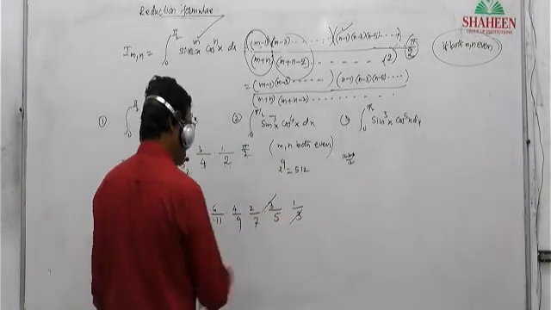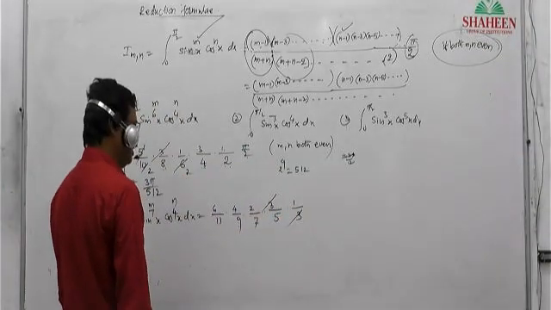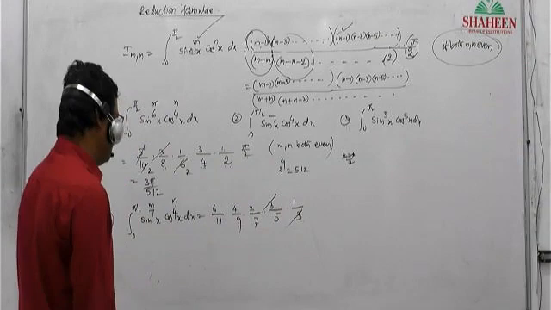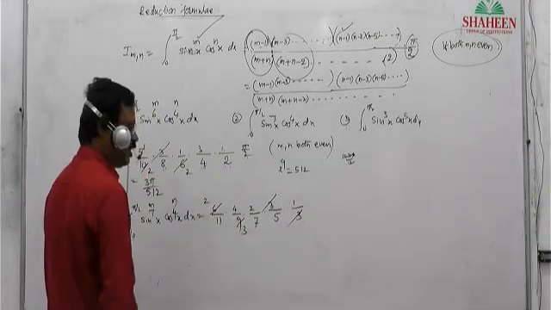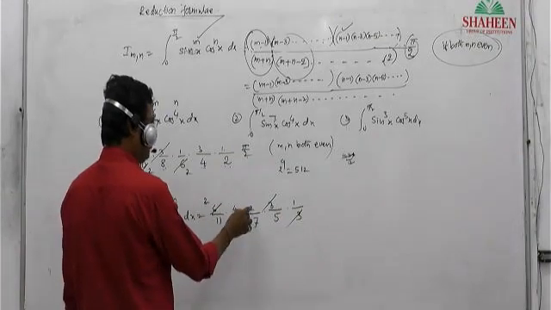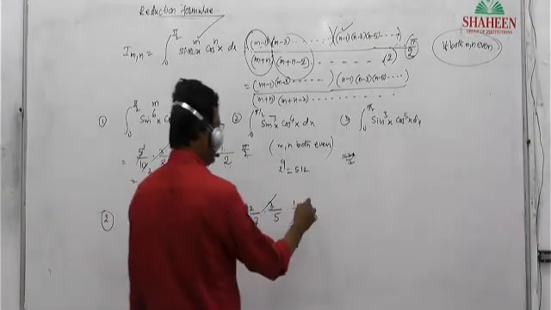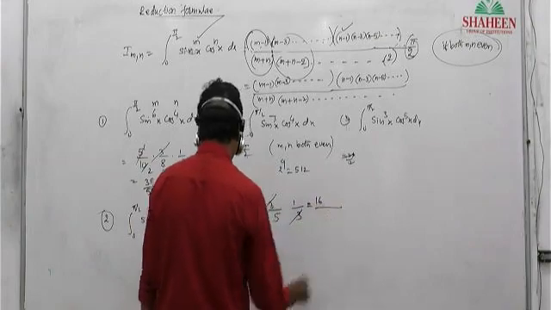Okay. Right. 3, 3 cancel that. Is there any number to cancel? 3, 3, 2 times. Okay. Now 2 into 2, 4. 4, 4 is 16. Is it okay, all of you?